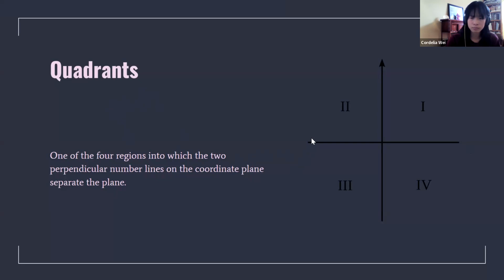Each of them goes on eternally because numbers never stop. The quadrants are ordered counterclockwise: 1, 2, 3, and then 4.